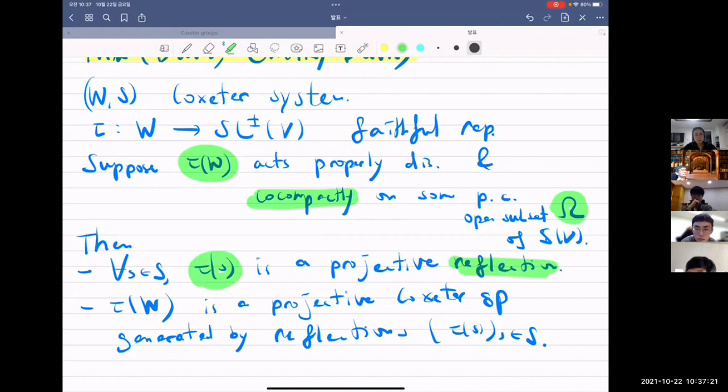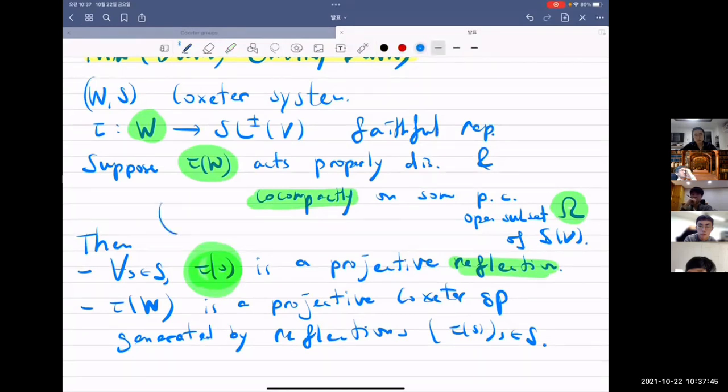In the general case, every generator in W is an involution, meaning the image should also be an involution, but an involution can be of various types.